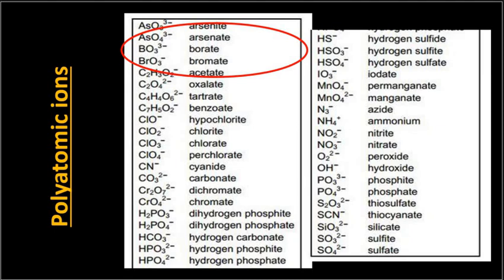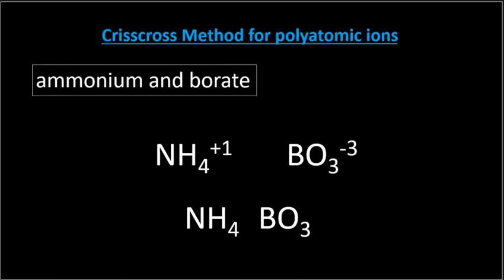So then you go to your problem and write them both down. Now the process overall is the same. You bring the 3 down from the borate, you bring the 1 down from the ammonium.